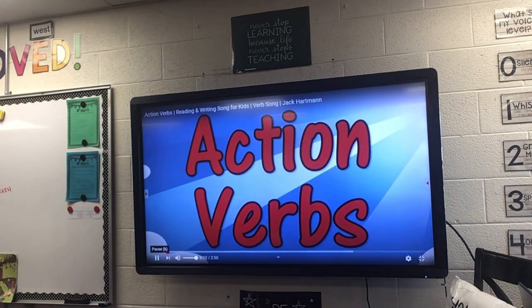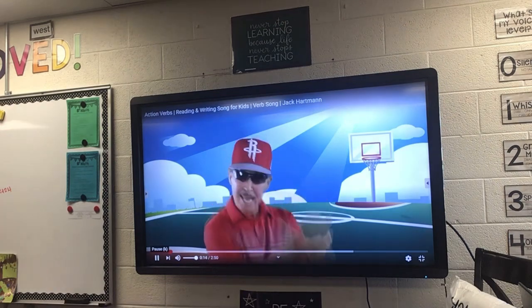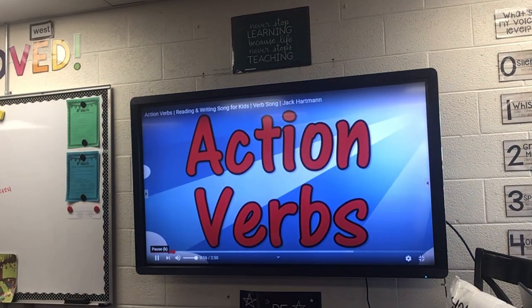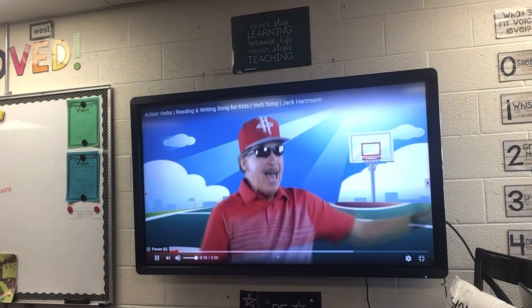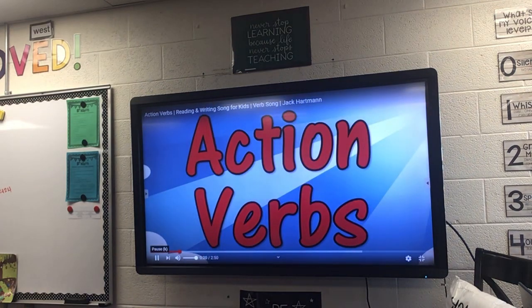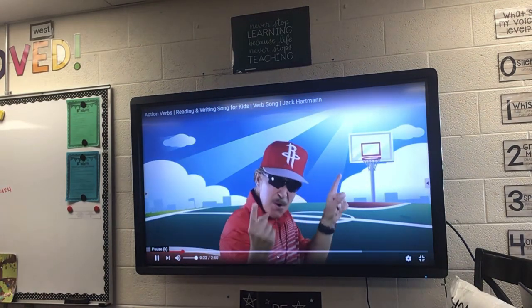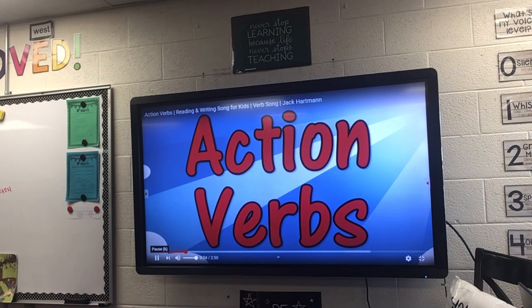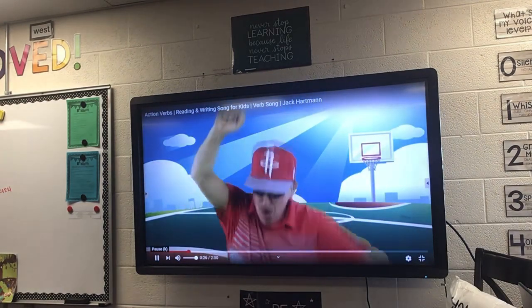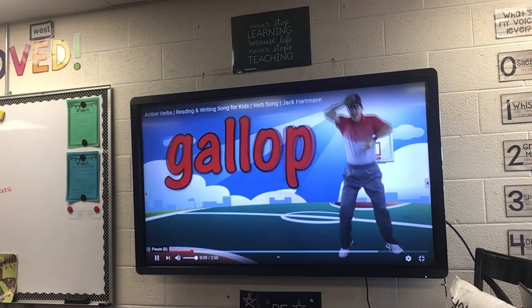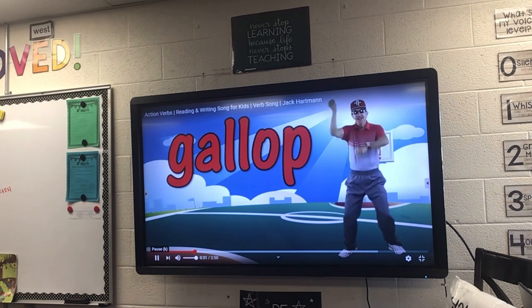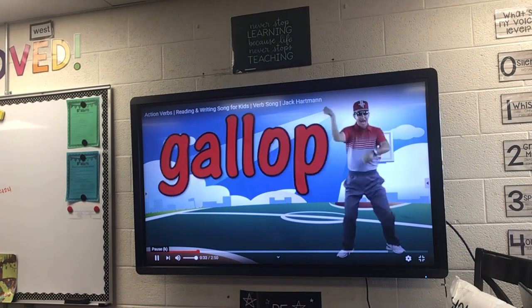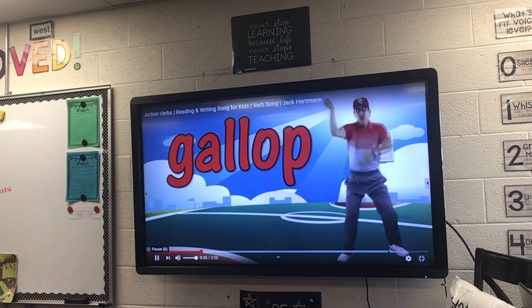Action verbs, you see them when you read. Action verbs, you use them when you write. Action verbs are so cool. Action verbs make me wanna move. Gallop, gallop is the word. Gallop, gallop is an action verb.